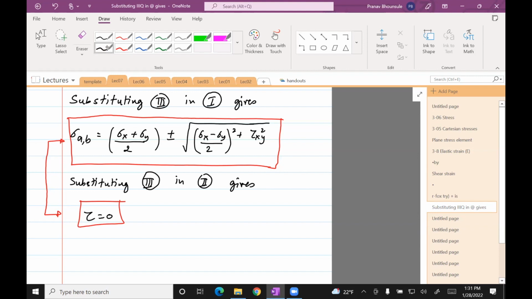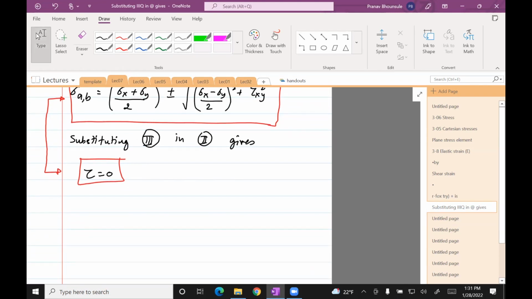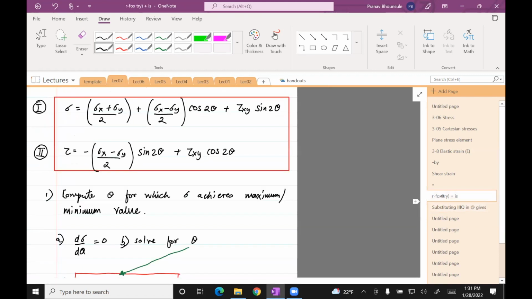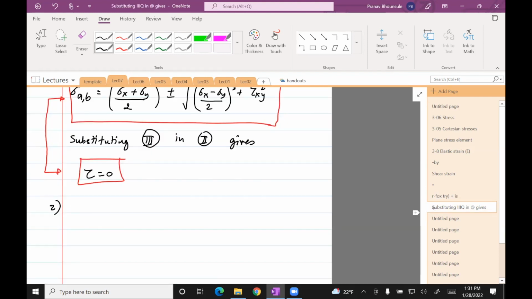The second thing of interest here is, just like we found the maximum value for sigma, we need to find when tau achieves its maximum value, because sometimes things will fail in normal stress, sigma, but they could also fail in shear. So we need to find the maximum shear stress. Just like before, we compute theta for which tau achieves a maximum or minimum.